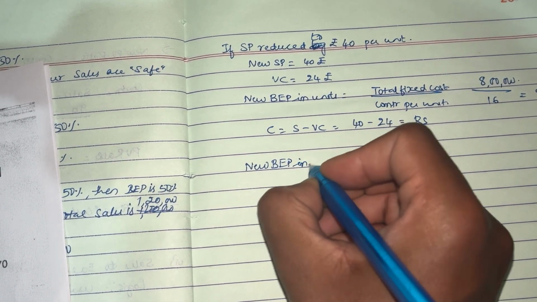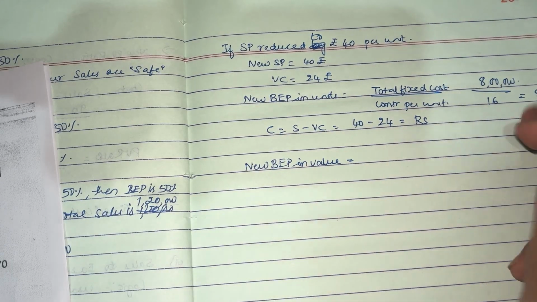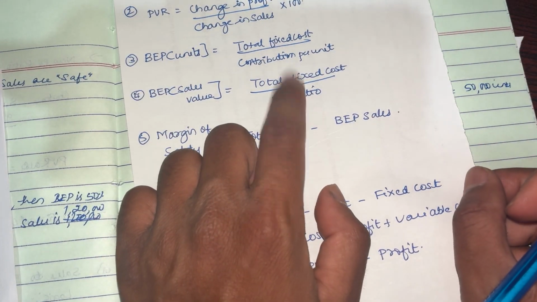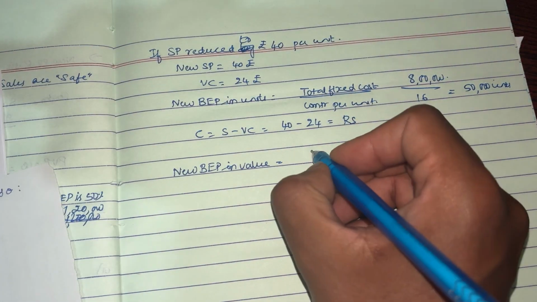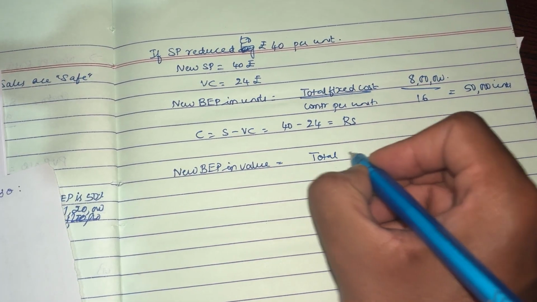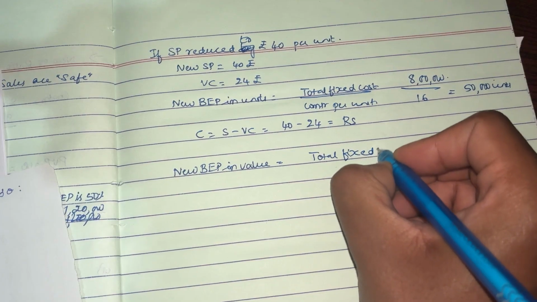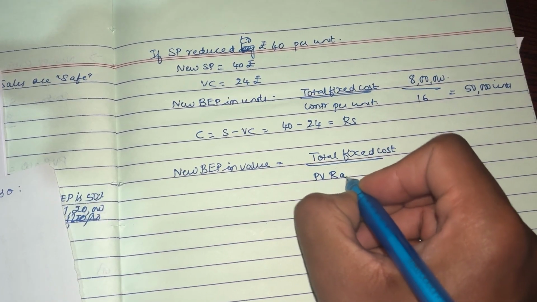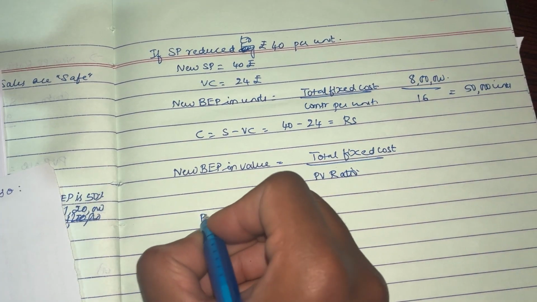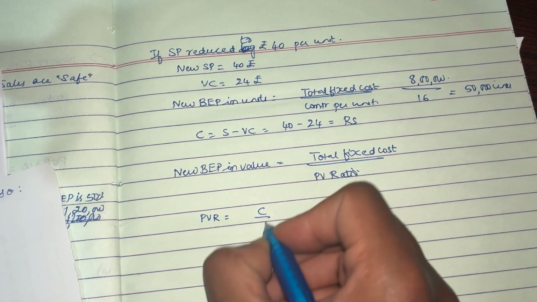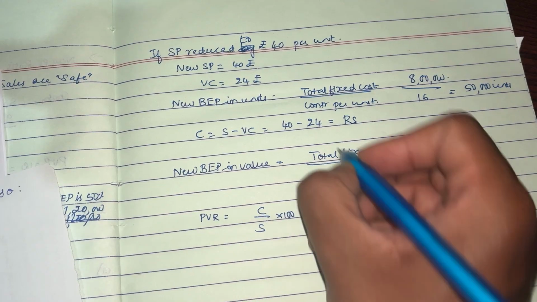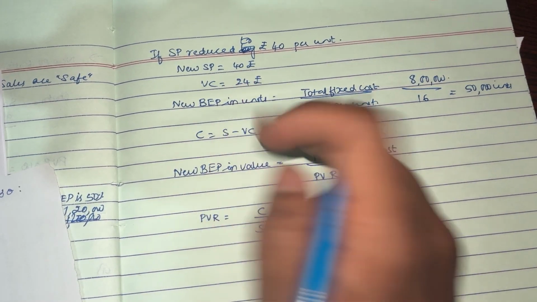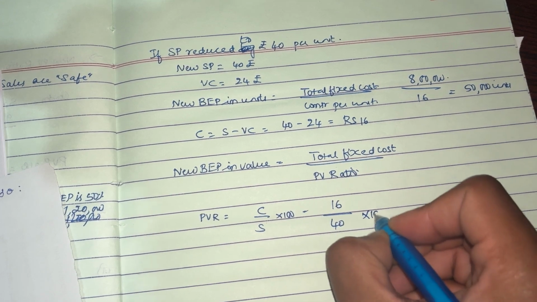Now new BEP in value. 50,000 units has come. Now if you have to calculate in value, total fixed cost should be divided by PV ratio. Again, in order to calculate PV ratio, contribution by sales into 100. Now we already know contribution is 16. The new selling price is 40 into 100.